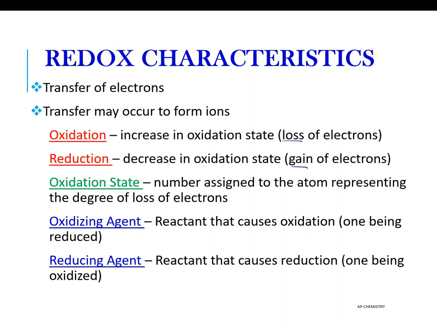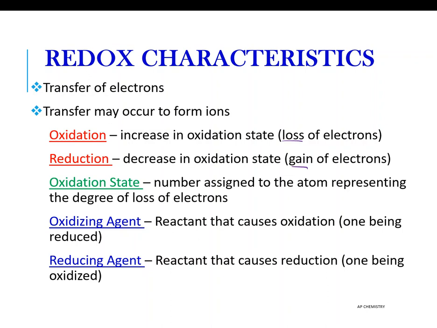It's becoming more negative. So that's what we mean by decrease in oxidation state. The oxidation state is the number assigned to the atom representing the degree of loss of electrons. So once again, you don't have to be an ionic compound and have a full charge in order to be assigned an oxidation state. Plenty of covalent compounds and nonmetals get assigned oxidation states in various compounds. This is just a way, like a tally, of keeping track of electrons. That's what we're doing here.